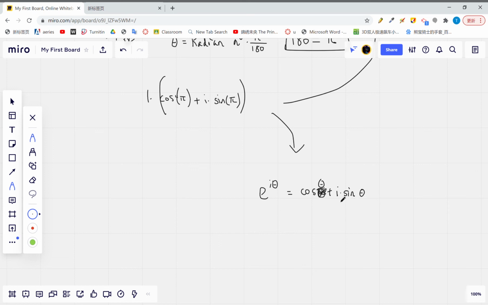Okay, so it's basically just equal to e to the pi i. And there's a formula you really have to memorize.